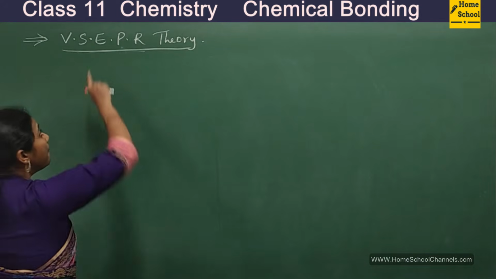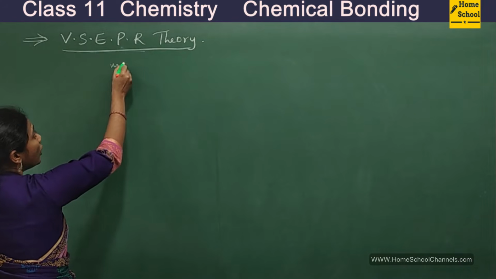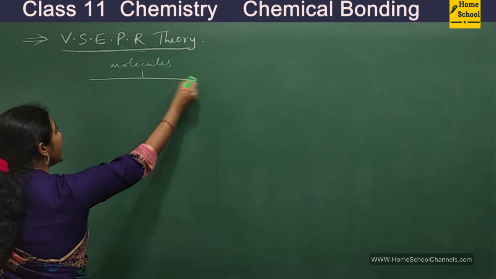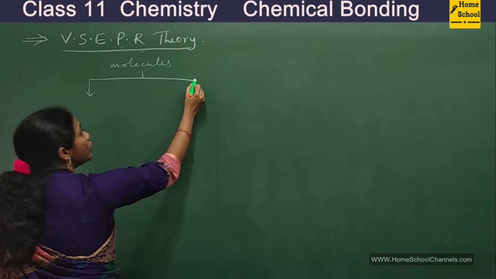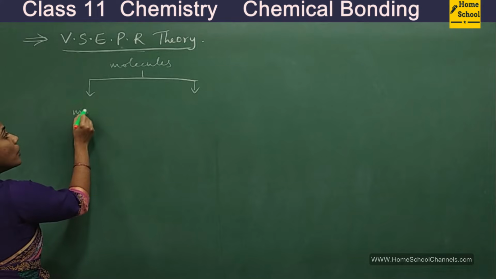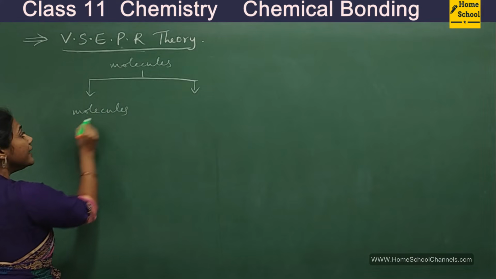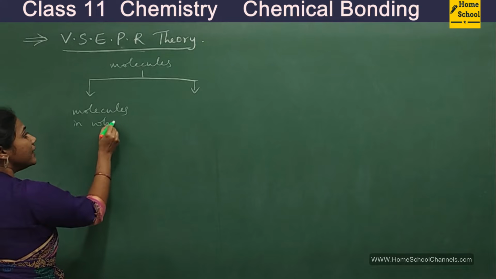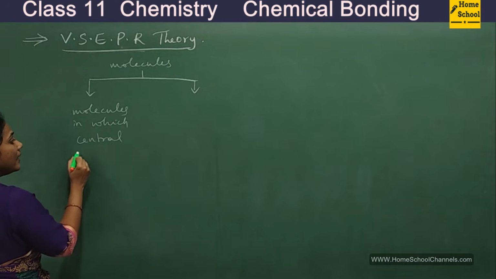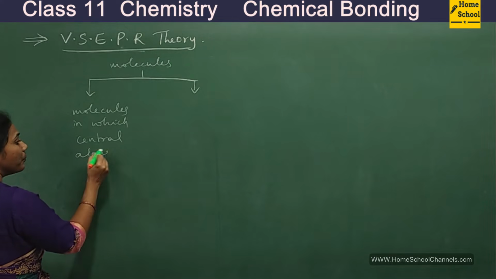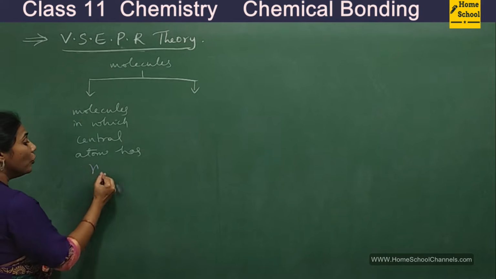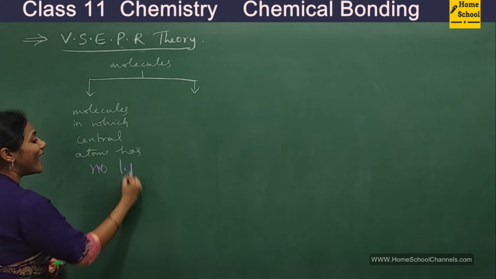See guys, based on VSEPR theory, all molecules are categorized into 2 categories. The first category includes molecules in which the central atom has no lone pair.